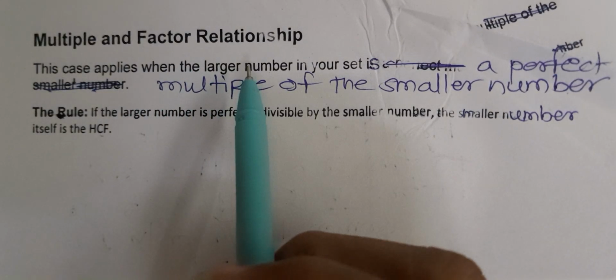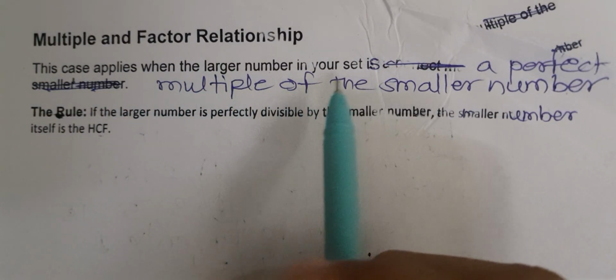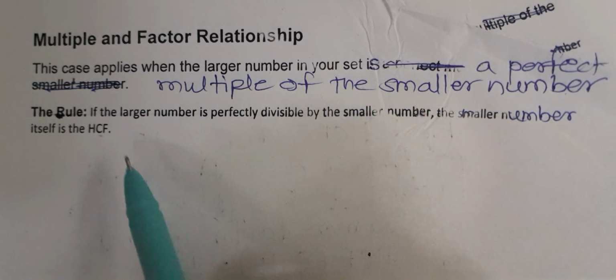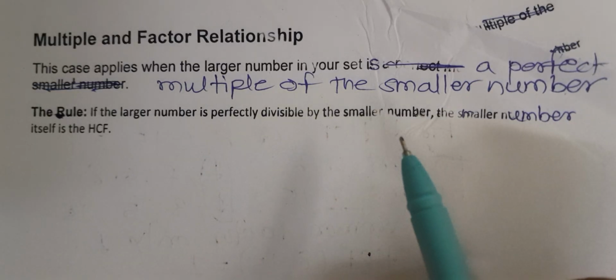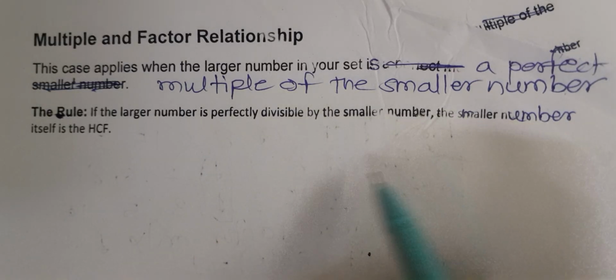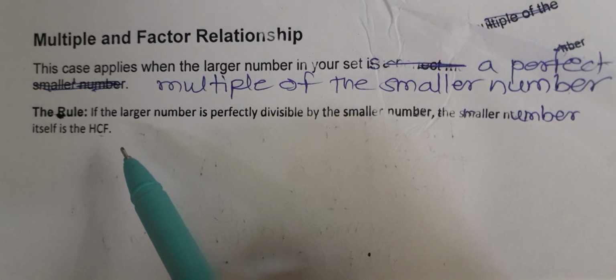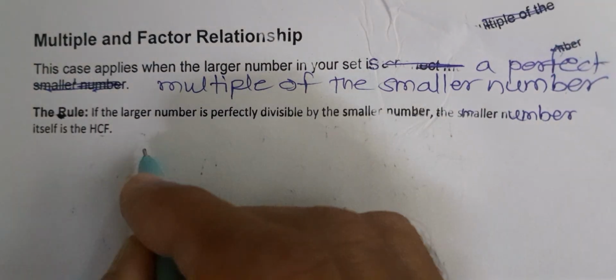Multiple and factor relationships. This case applies when the larger number in your set is a perfect multiple of the smaller numbers. So what is the rule? If the larger number is perfectly divisible by the smaller number, then the smaller number itself is the highest common factor. For example, the highest common factor of 7 and 35.